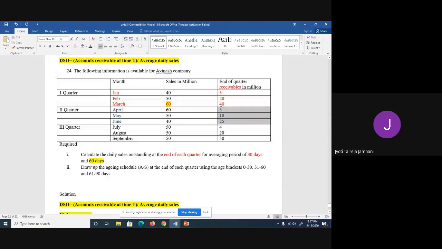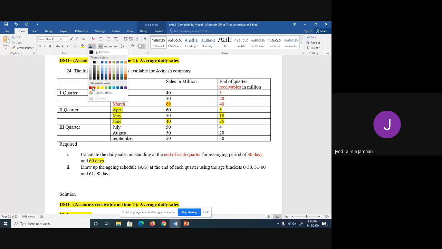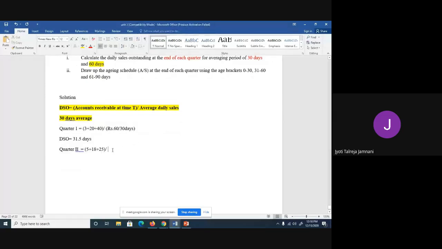So now in this quarter I have to select the sales and it is 30 days average. So I will select only 1 month sales out of these 3 months, and that would be June month because June is the latest month in that quarter. So it is 40 rupees, 40 is the sales for June month divided by 30 days average.